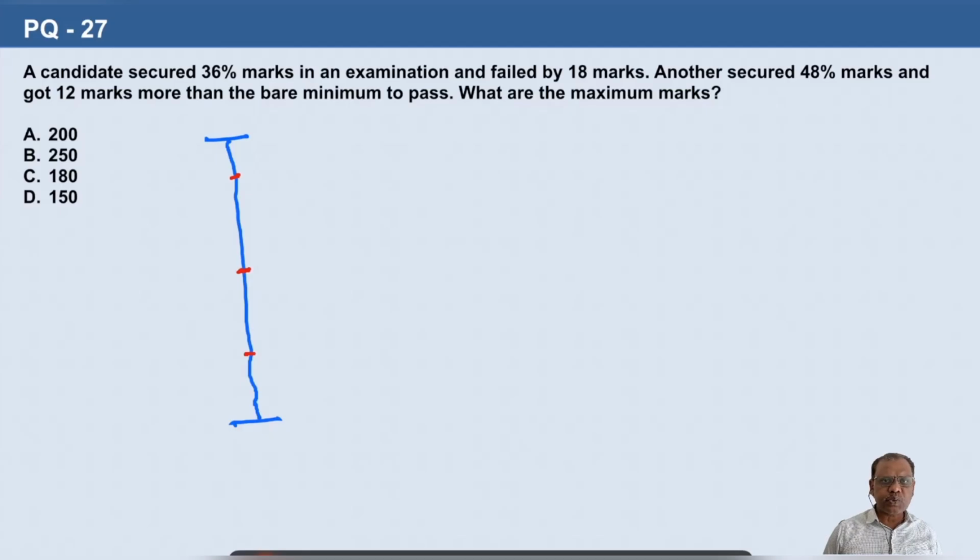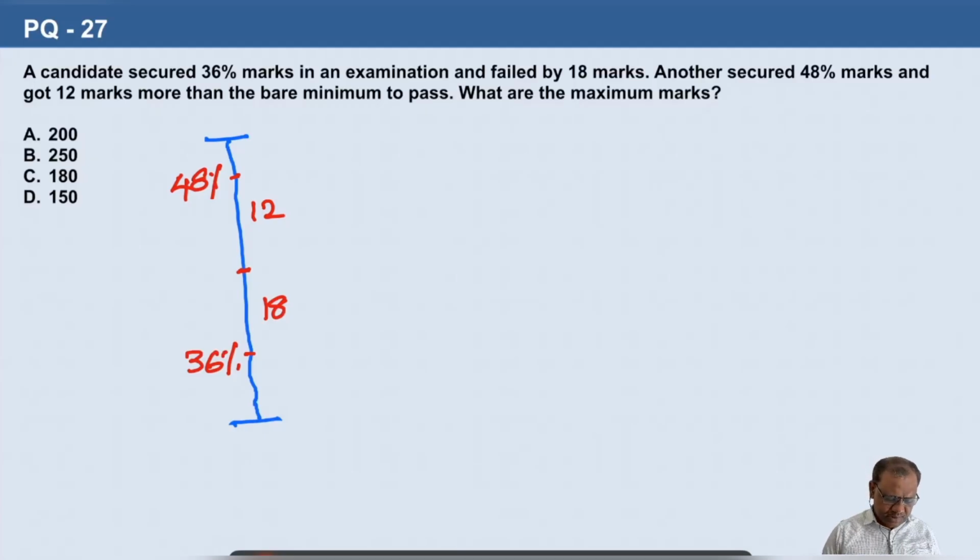So the candidate who got 36% marks failed. He failed by how many marks? By 18 marks. So this is 18 marks less than the pass mark. And the candidate who got 48% got 12 marks more than the pass mark.